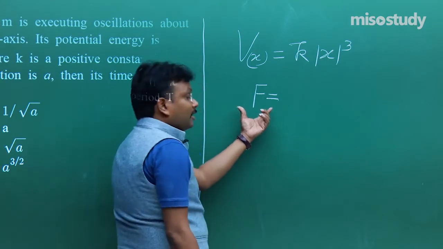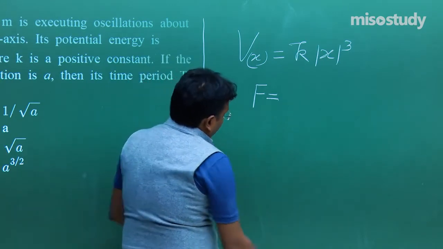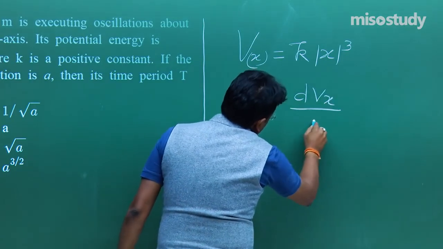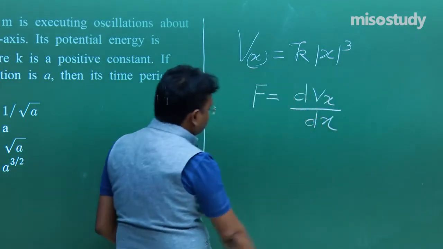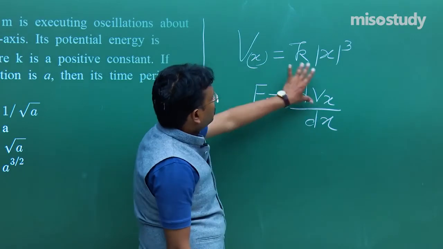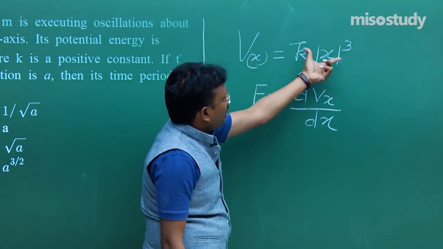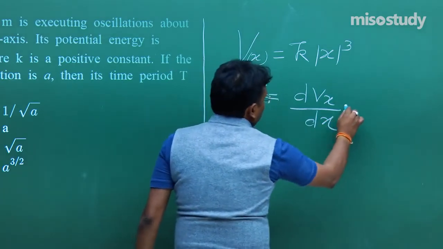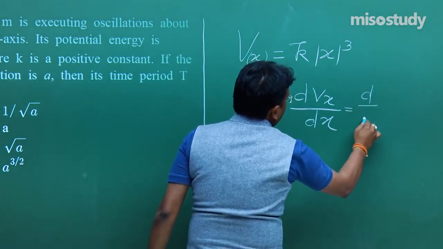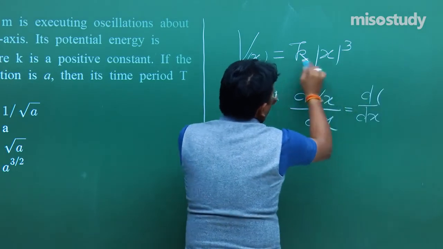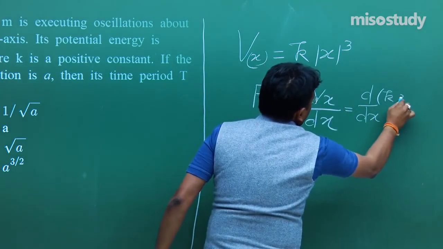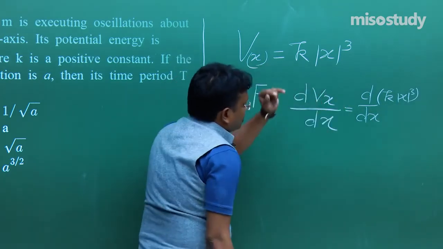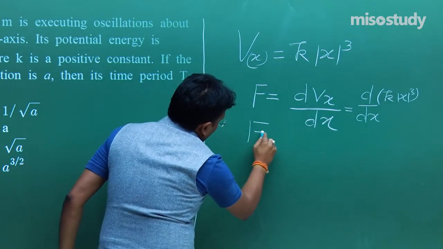So F, otherwise it is a general result, F is equal to minus dV(x) by dx. Fine. So use this V(x), that is k mod x cube, d by dx. I think I should put this value, that is d by dx of this entire term k mod of x cube. No problem, simple representation.